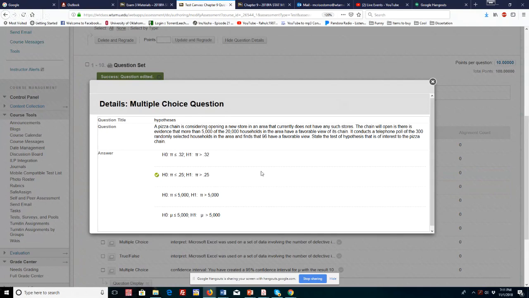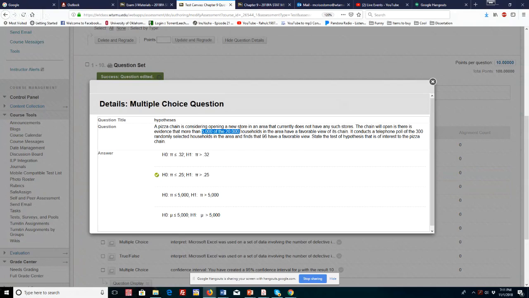Okay, so we are looking at a proportion here rather than the number of households. So we're going to be looking at 5,000 divided by 20,000.